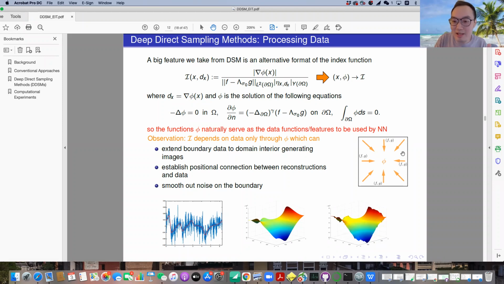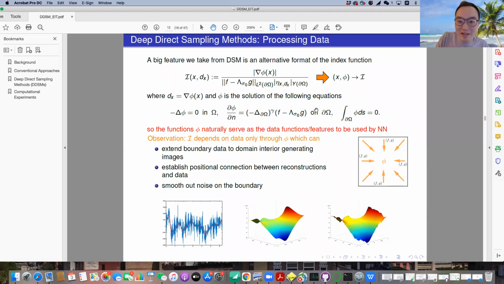Your output is the entire image on the domain, but your input is only the data on the boundary. If it's a forward problem, that is okay, but for the inverse problem, this is a really big issue for training.